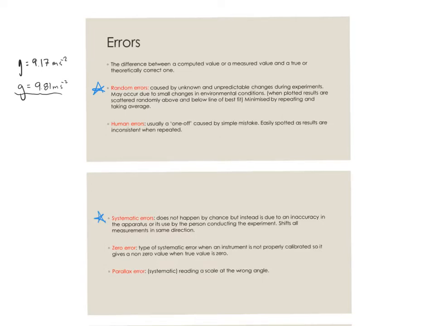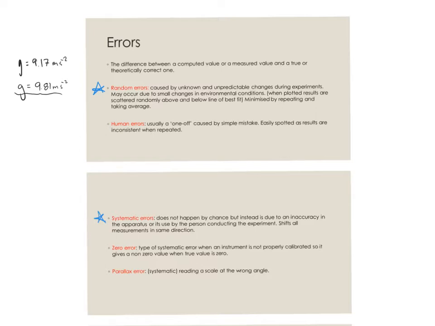They usually occur due to changes in environmental conditions or problems with certain instruments. For example, if you were doing an electrical experiment with an electrical circuit, it could be that the temperature of the wire got higher at one point while you were taking measurements, and hence it affected your results. Usually when you see results plotted that have random errors, you'll notice that they're scattered randomly above or below the line of best fit.